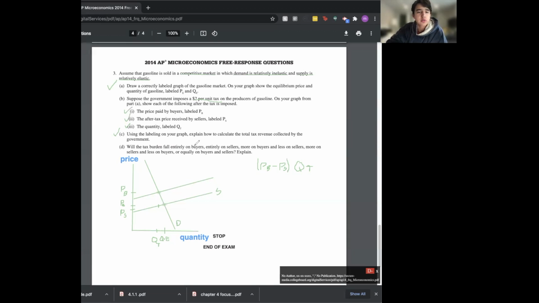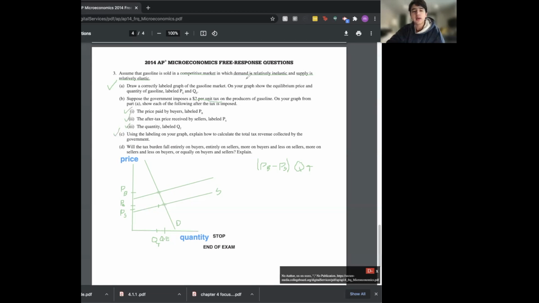Will the tax burden fall entirely on buyers, entirely on sellers, more on buyers and less on sellers, more on sellers and less on buyers, or equally on buyers and sellers? For this question, we have to remember that demand is relatively inelastic and supply is very elastic.